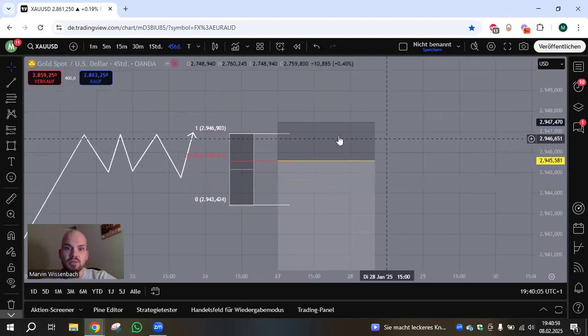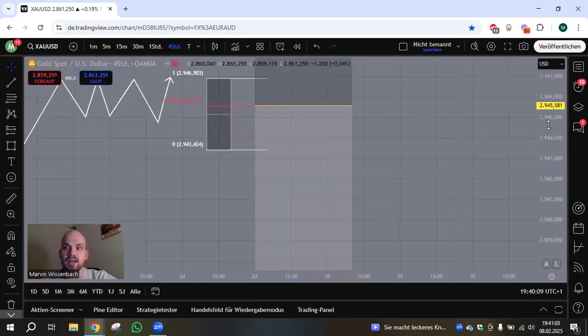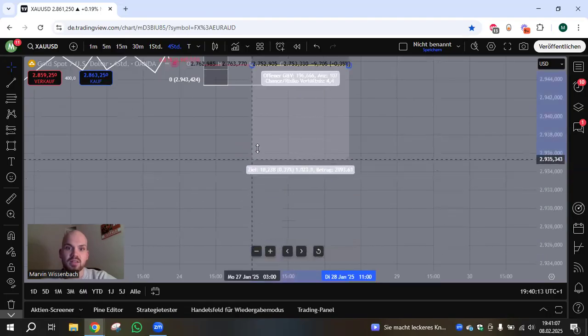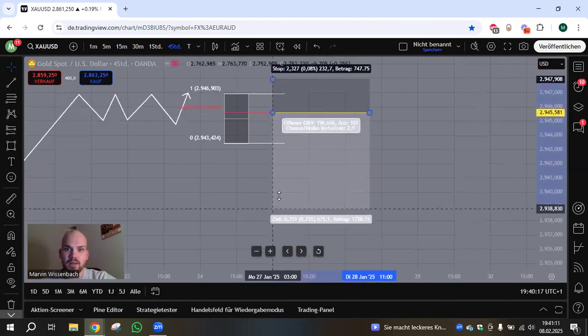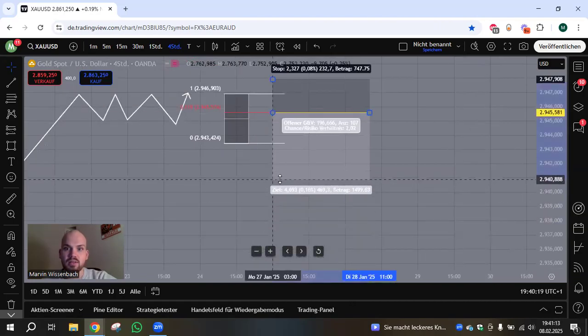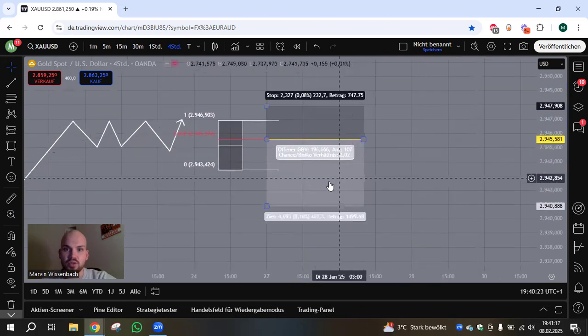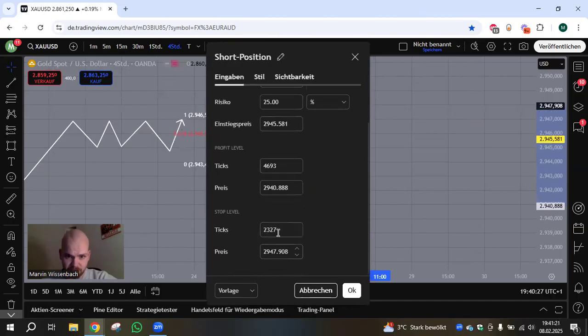We place our stop loss above the highs, and our take profit would be twice the size of our stop loss. How can we see that? When we have this number right here, which would be 2. Okay, let me enter it a bit more clearly.